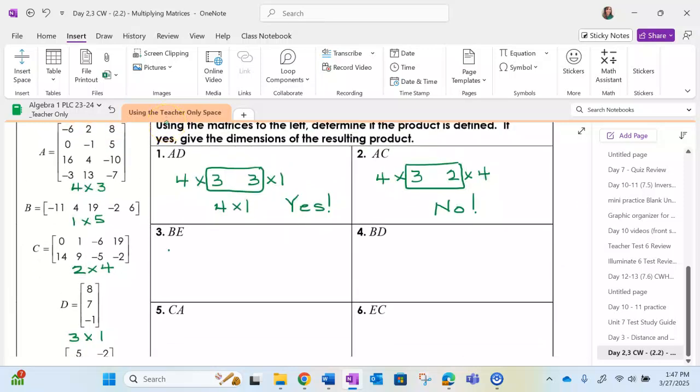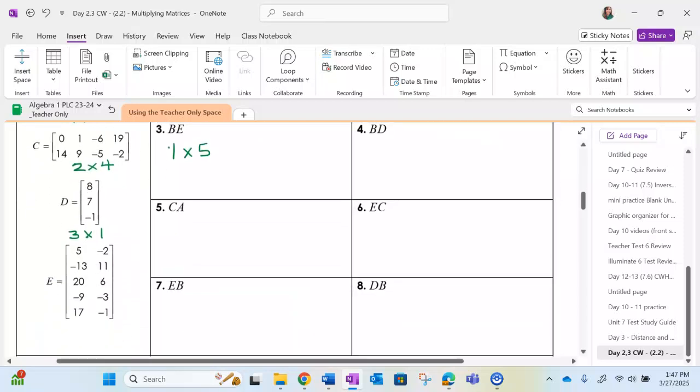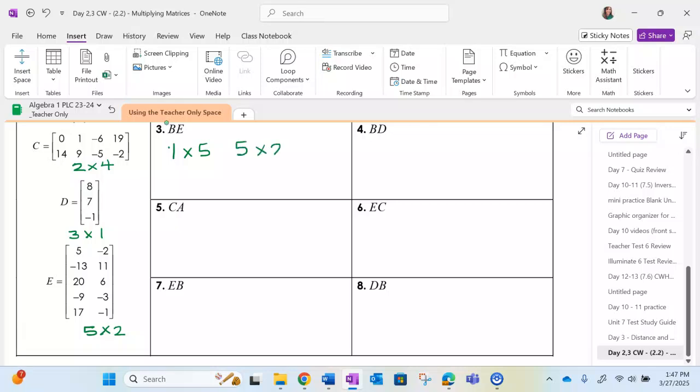Let's look at B times E. So B is 1 by 5. Oh, there's an E. Let me go down here to E. E is 5 by 2. These 2 in the middle are the same, so my resulting product is 1 by 2, and yes, I can do it.